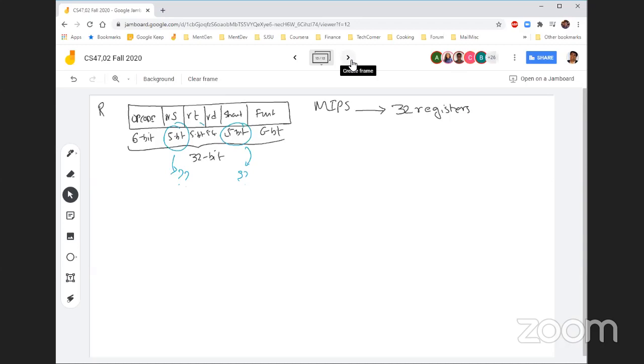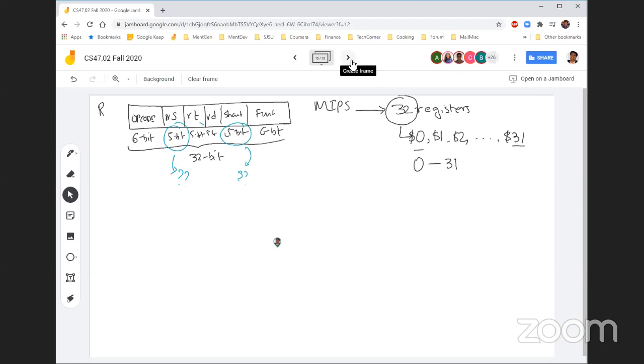Now, how many bits do we need to actually access 32 registers? They are indexed from 0, as $0, $1, $2 till $31. So in these register fields, RS, RT, RD, a value from 0 to 31 will go, right?